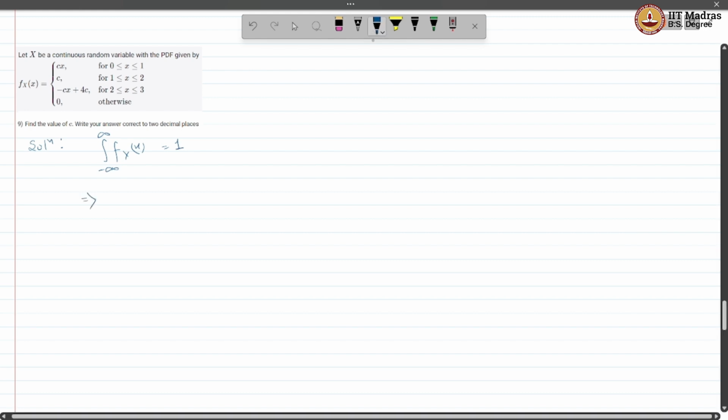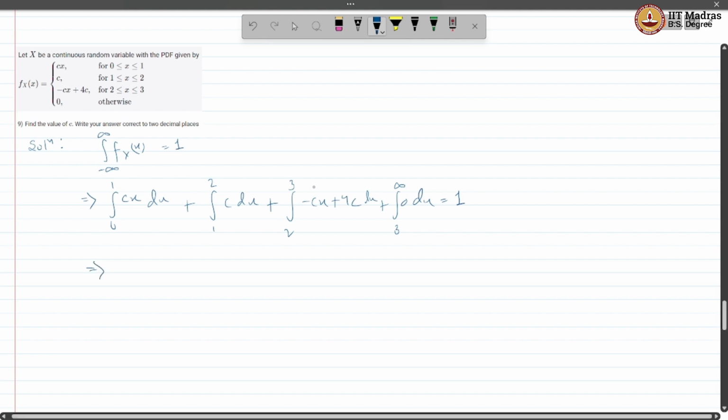As the PDF is piecewise defined for different intervals, this implies that integration of Cx from 0 to 1 with respect to x plus integration of C from 1 to 2 with respect to x plus integration of minus Cx plus 4c from 2 to 3 plus integration of 0 with respect to x from 3 to infinity will be equal to 1.